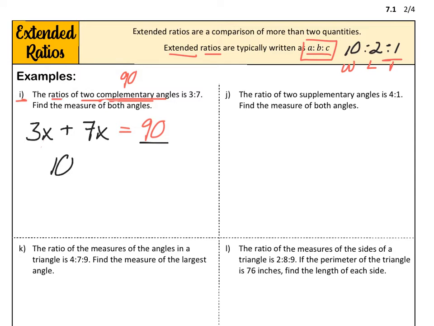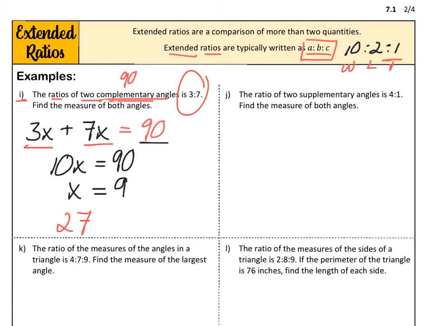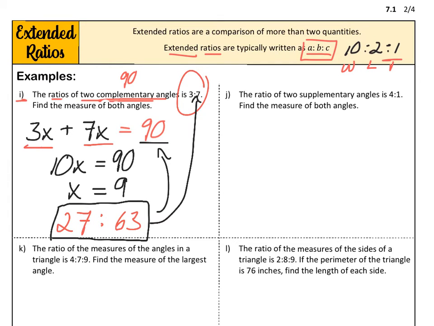So now I can go through and simplify this. Obviously 10x equals 90, x equals 9. So that means my two angle measures, remember it was 3x and 7x, are going to be 27 and 63. Those two, if I add them up, I am going to get 90. And if I reduce this ratio, then it's going to lead me back to what I had initially.